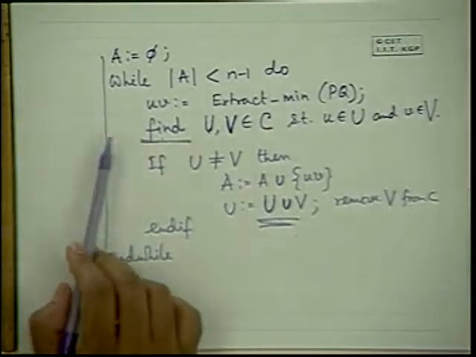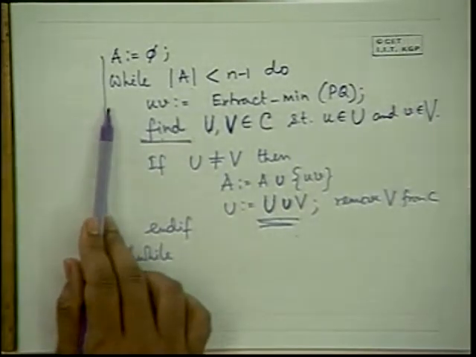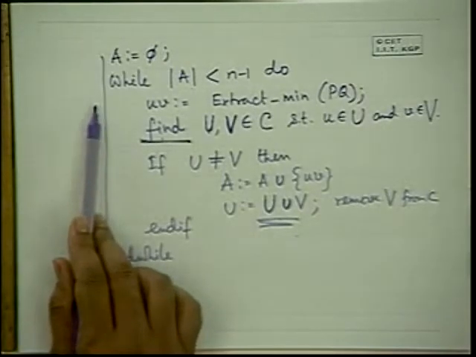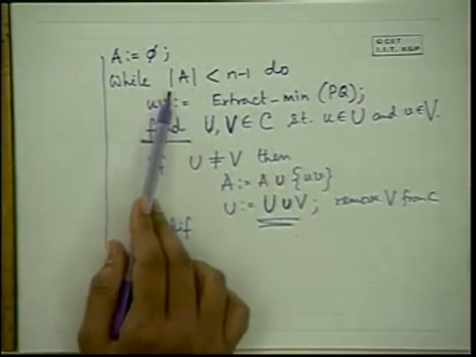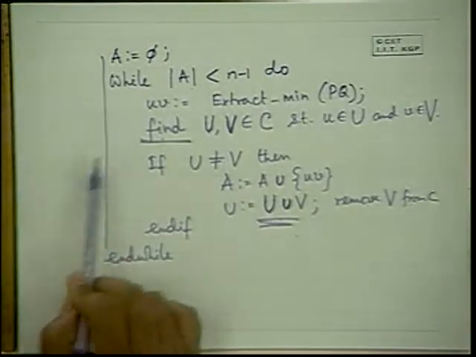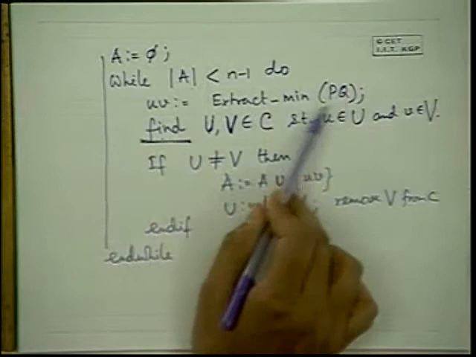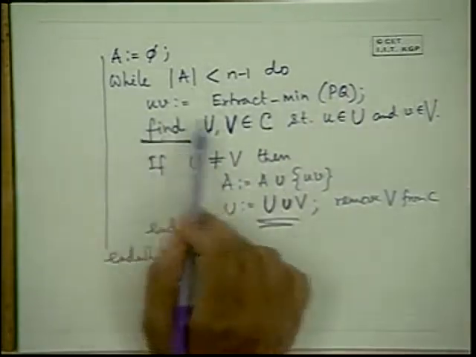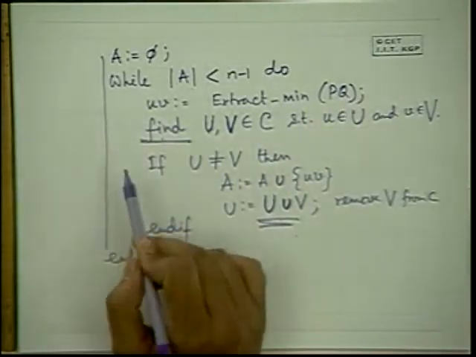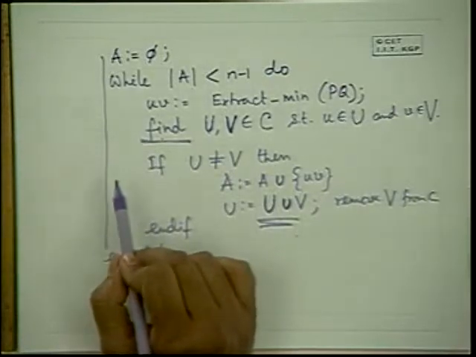Kruskal's algorithm actually initially sorts all the edges with respect to edge weights. This is actually done by this PQ when you are putting the edges in the priority queue, and when you are extracting next here. So there is an implicit sorting of the edges. So already you cannot avoid the complexity of, if there are m edges, m log m or m log n.